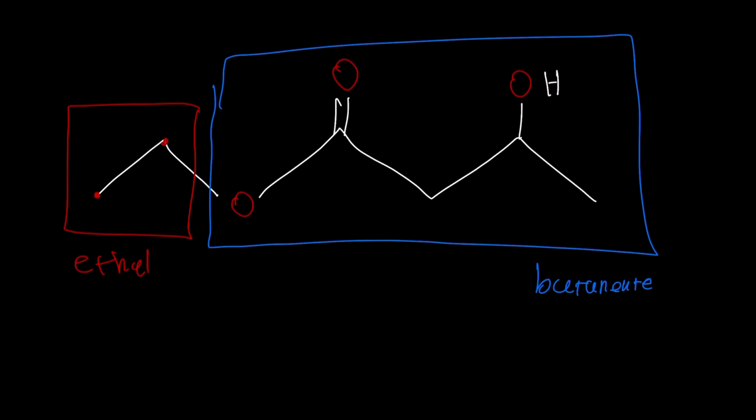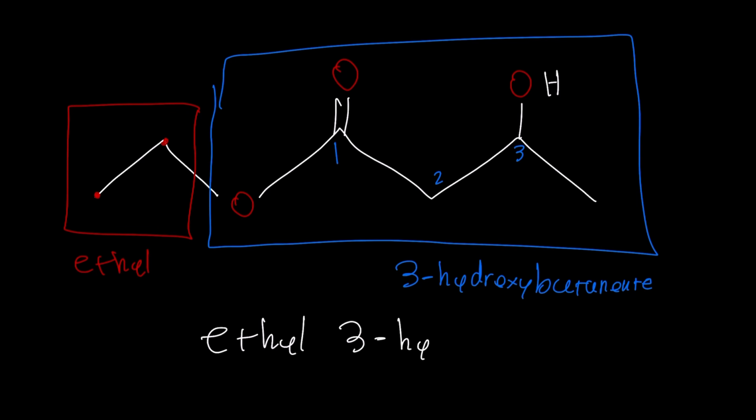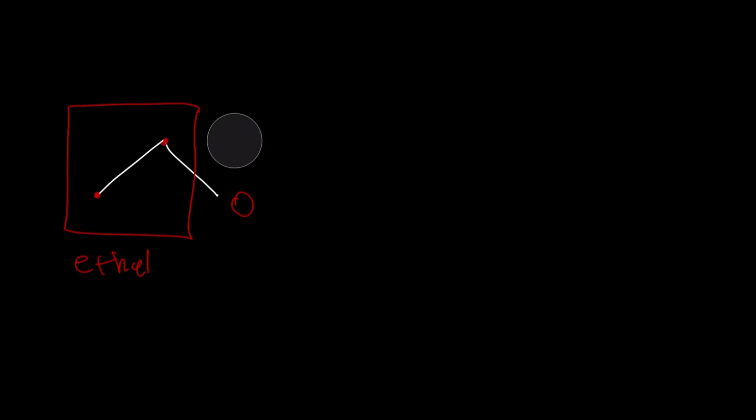An alcohol group as a substituent is going to be called hydroxy, and since it's on carbon 3, it's going to be 3-hydroxybutanoate. To put it together, you put the ethyl first, and then 3-hydroxybutanoate.